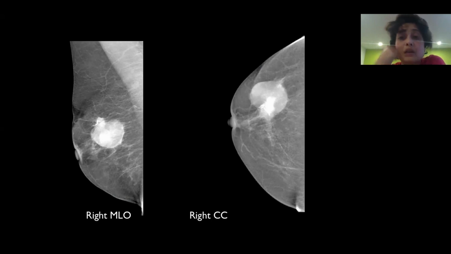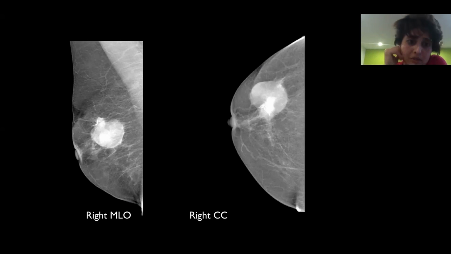So if you were to put a clock face, you would say in the 9 o'clock position of the right breast, it is well defined and largely has regular margins, except in its superior portion where it shows quite irregular, almost a spiculate kind of appearance.